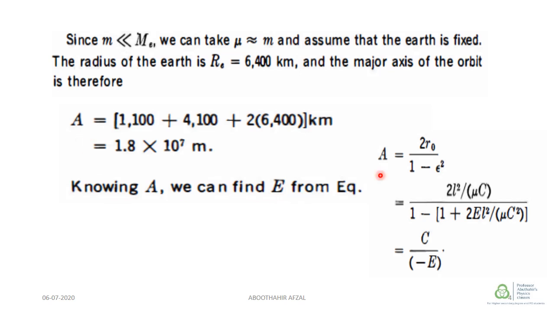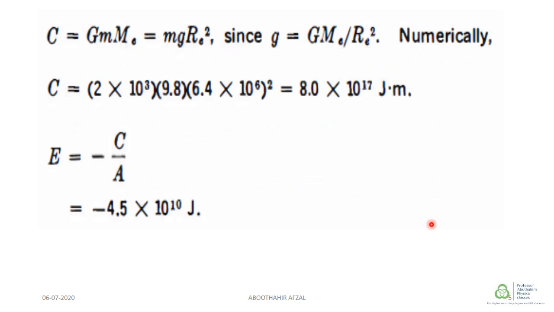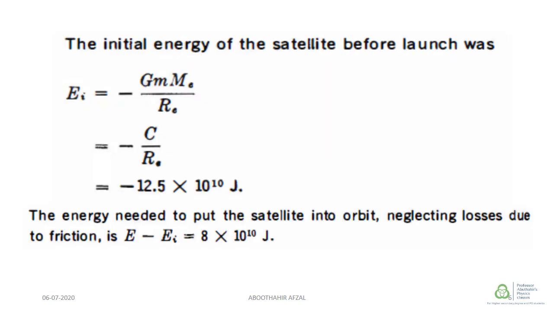If I know the value of A, that is the major axis of the orbit, we can find E from this equation, which was derived earlier. A is C by E, so E will be C by A. So in this slide we found the energy. C is the value of GMm, and the value of A was just calculated, and therefore I found the value of E, that is minus 4.5 × 10⁻10 joules.